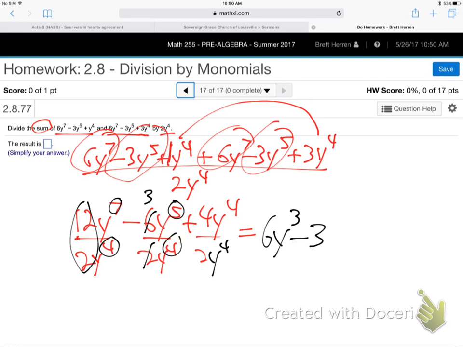Subtract the powers. 5 minus 4 is y to the 1, or just y. Good there. And 2 goes into 4 2 times. And the y's completely cancel. There it is. Oh, that big long polynomial is just for that. Yes, just for that. Does that make sense?